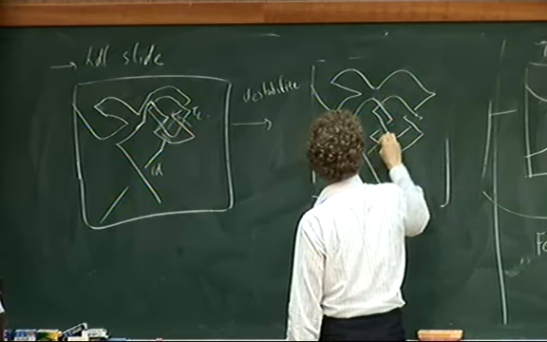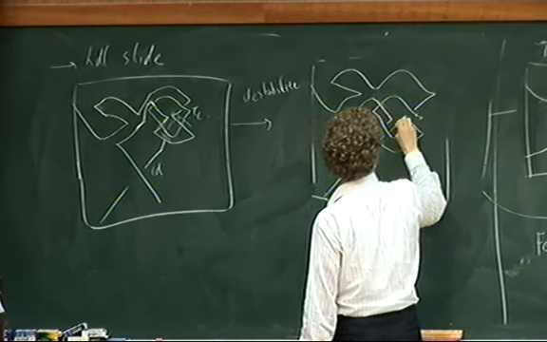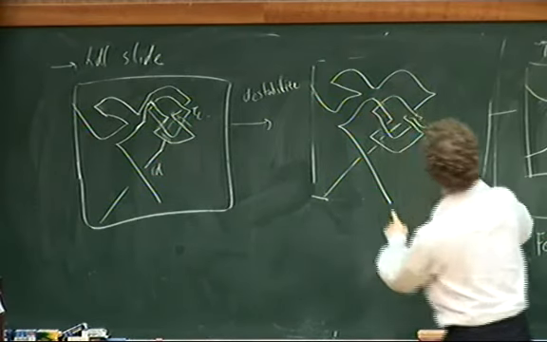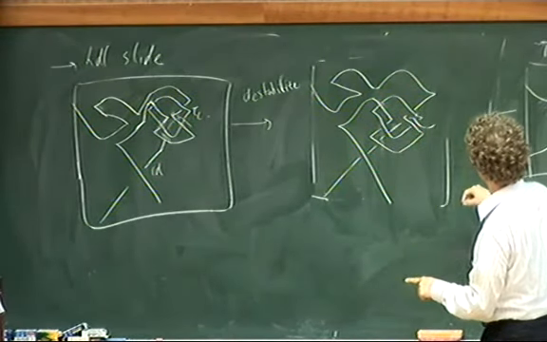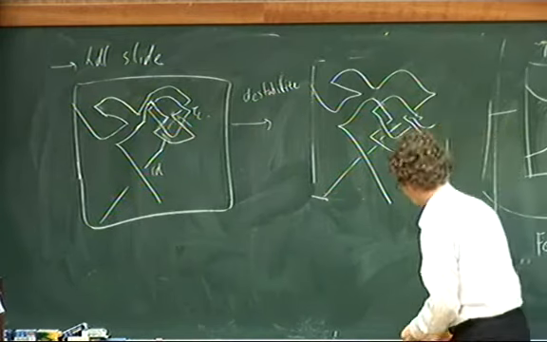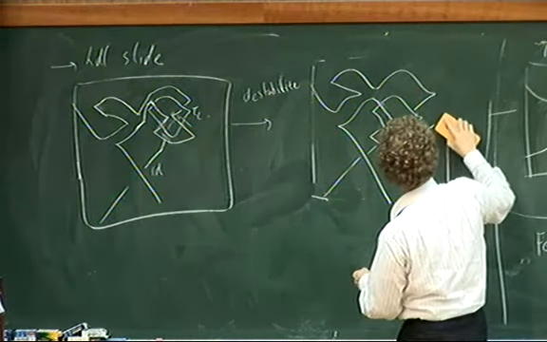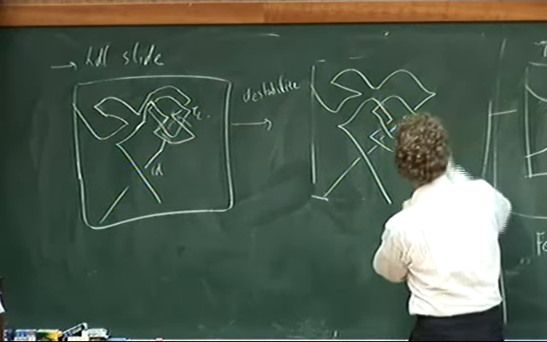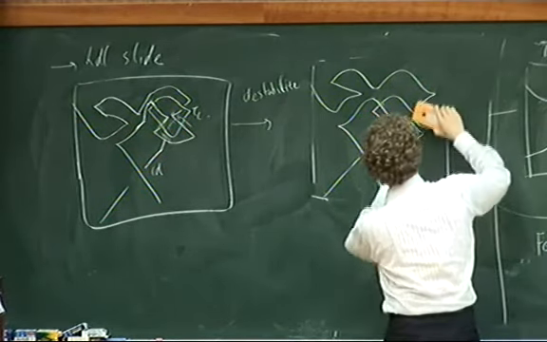So this one goes here. Wait, this is correct, right? And then here, like this. And now I just erase. What? This one I should not erase. Wait, I'm confused.